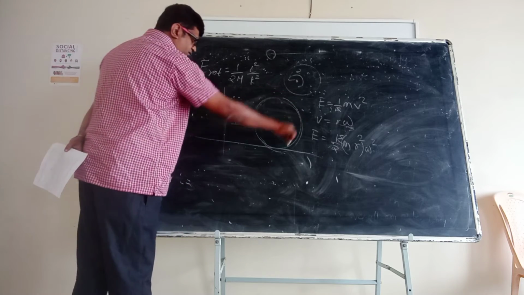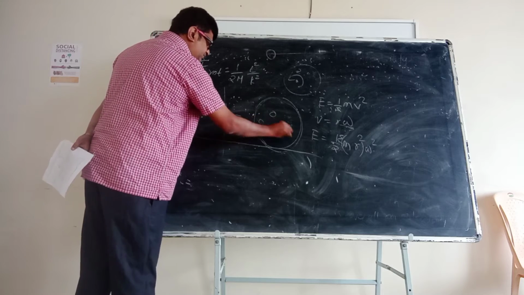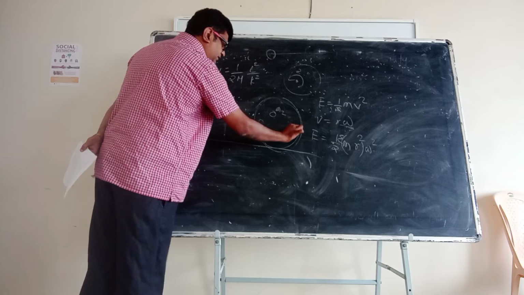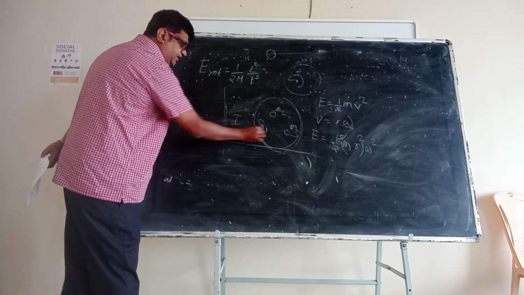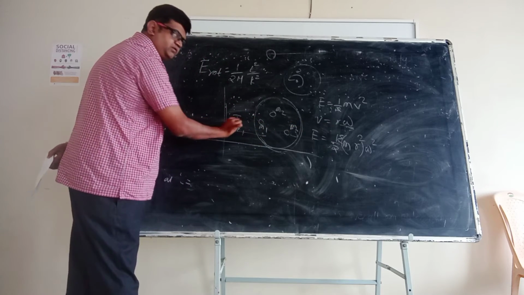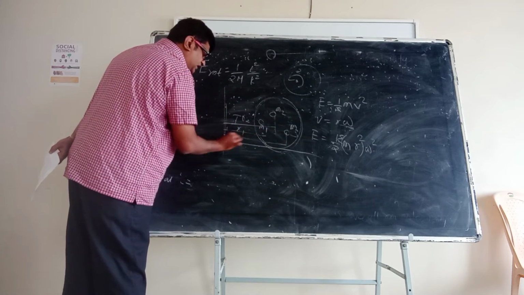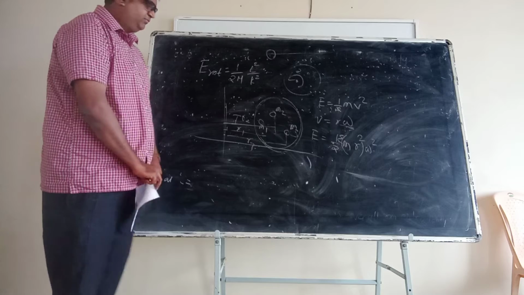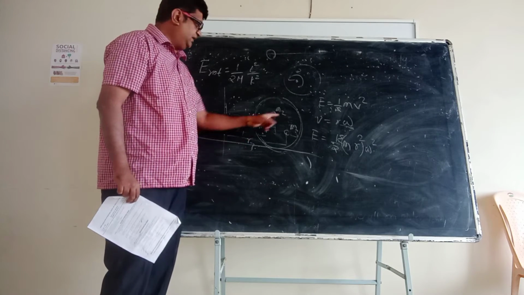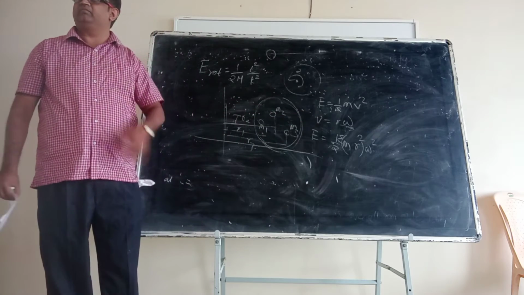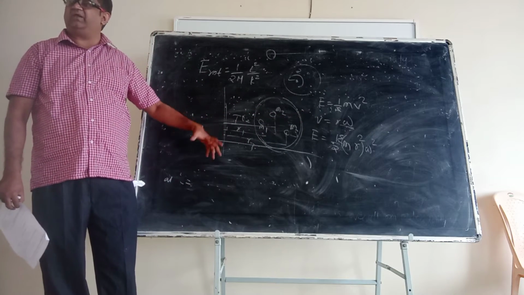If there is a body, it has got a lot of masses, m1, m2, m3. m1 is located at a distance of r1, m2 at r2, m3 at r3. If I take m1 r1 square plus m2 r2 square plus m3 r3 square and keep on adding them about an axis, what will I get?